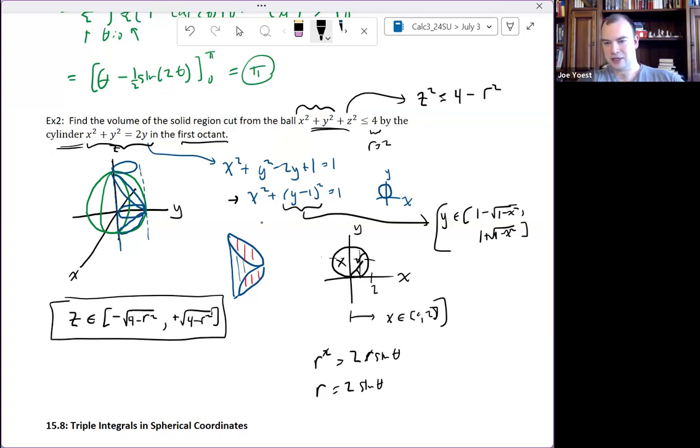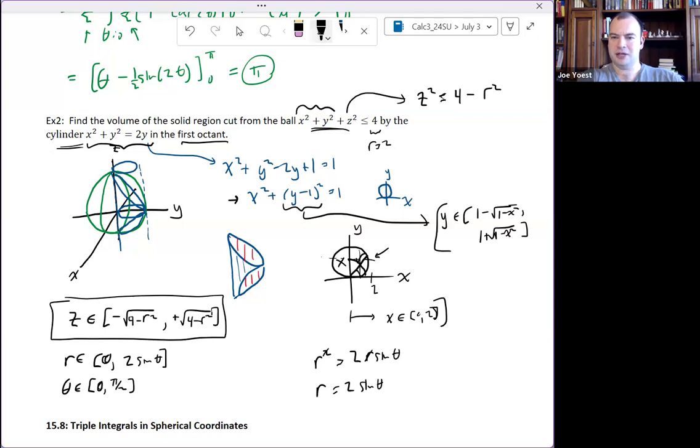So for a given angle theta, r is going to go from 0 out to 2 sine theta. And then theta is going to sweep out from 0 to pi over 2 to just stay in the first quadrant of the xy plane. And that will keep us in this first octant up here.